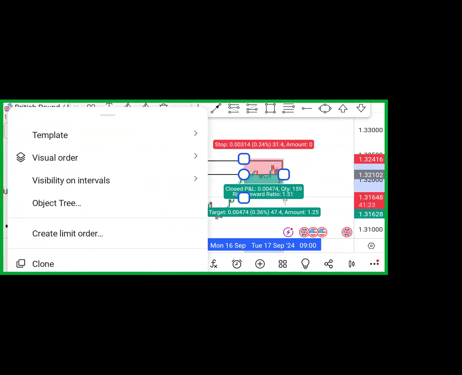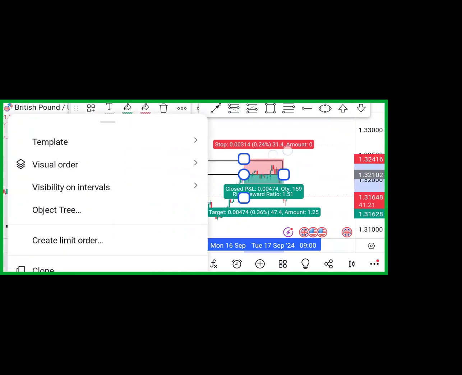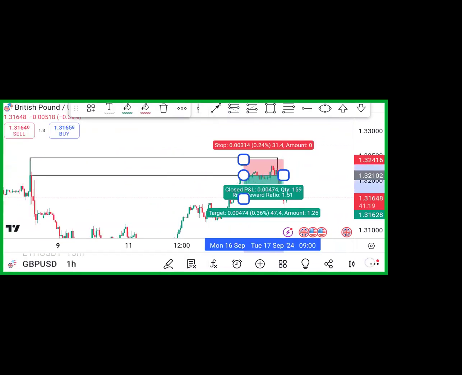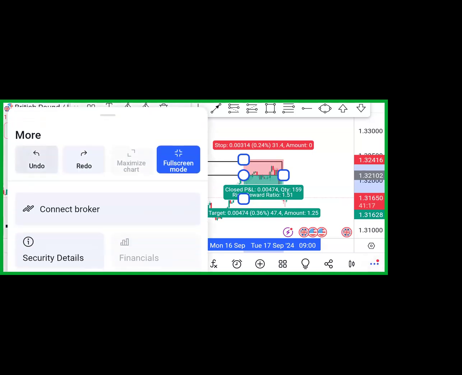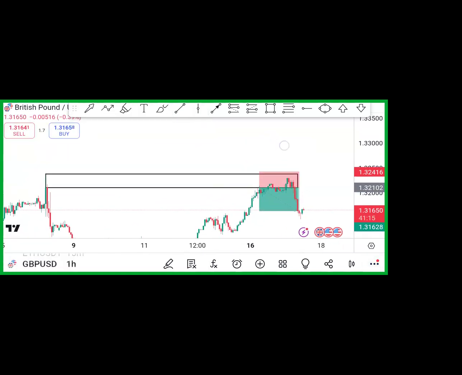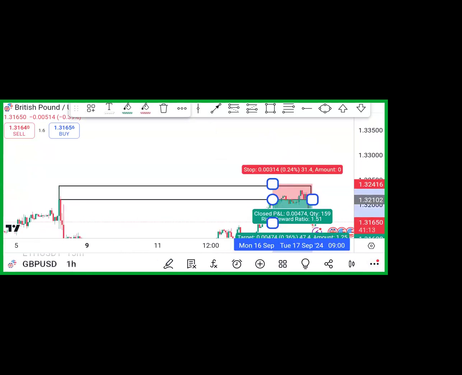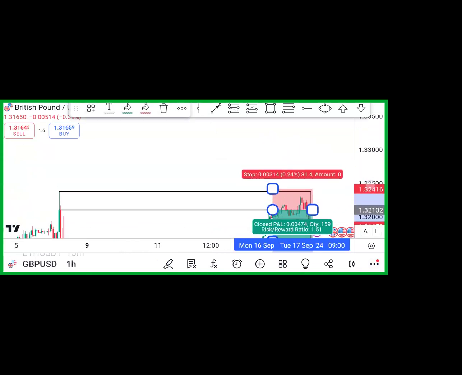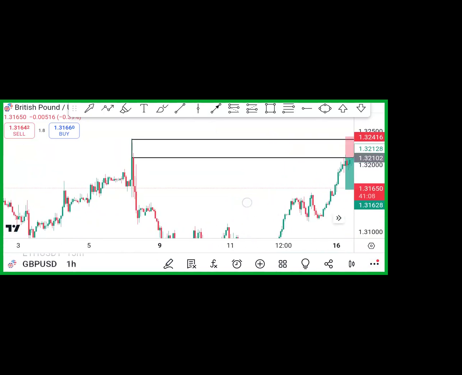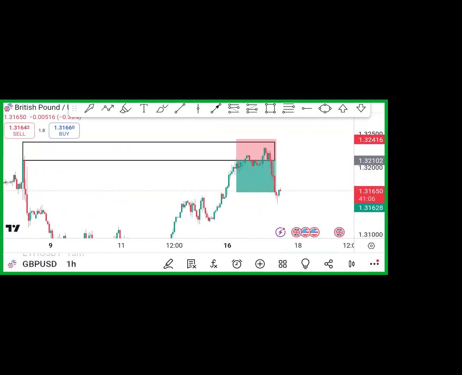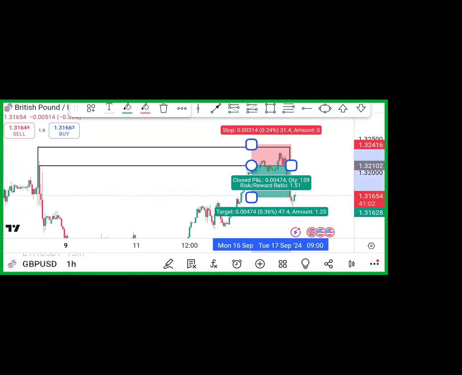This area where I'm highlighting, just notice where I'm highlighting. Let me highlight the level so you can see. This area is called the pips level on the chart. So you can easily know. Knowing the pips is also very, very important. So this is about a 31 pips stop loss.